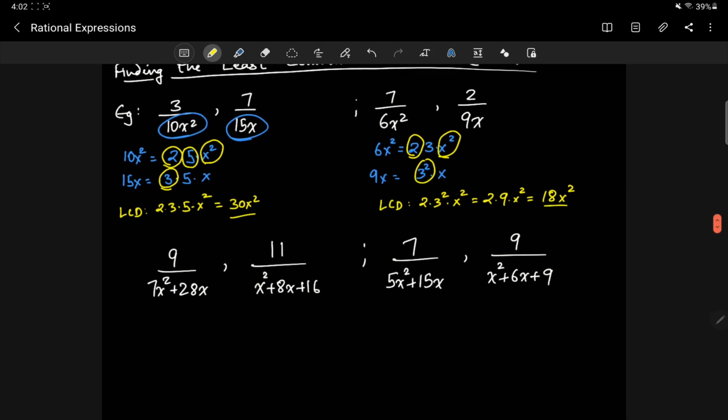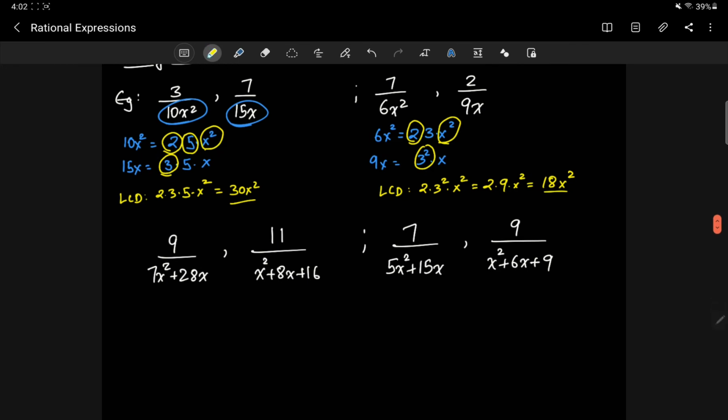Now let's move on to slightly more complicated examples, in which you have to do some factoring. So this is 7x times x plus 4. This, if you look at it carefully, that's 4 squared, and this is 2 times 4. So this is actually x plus 4 whole squared.